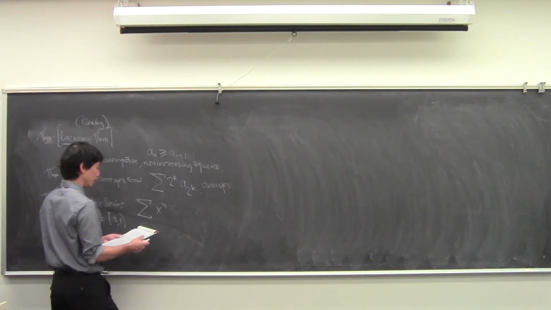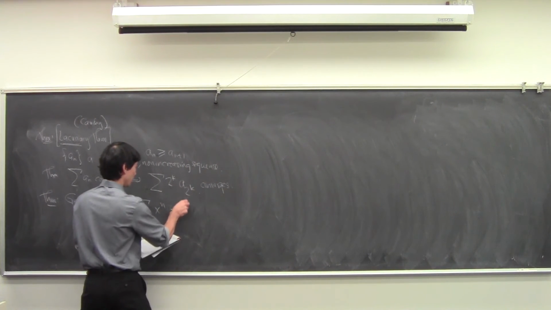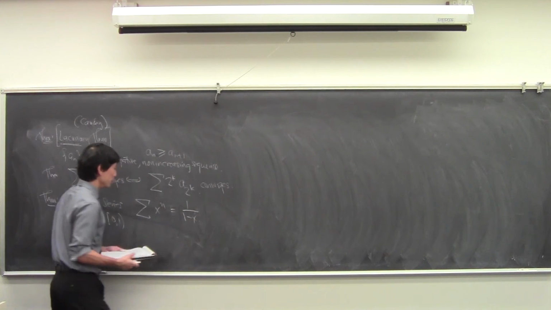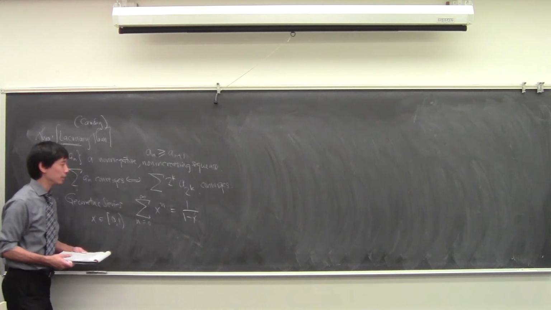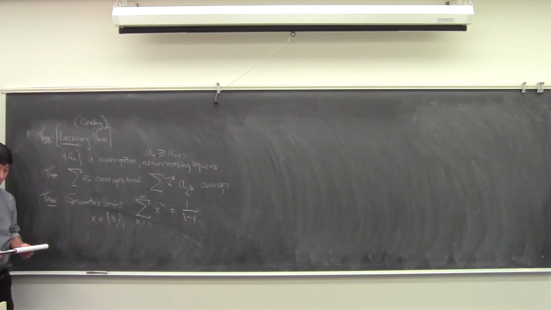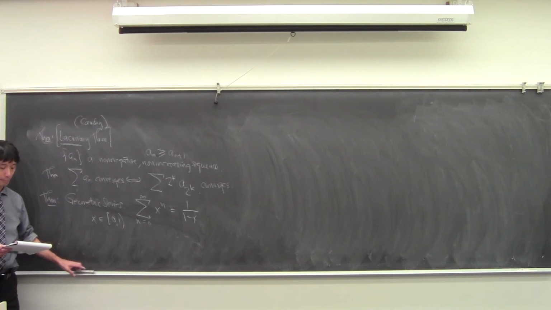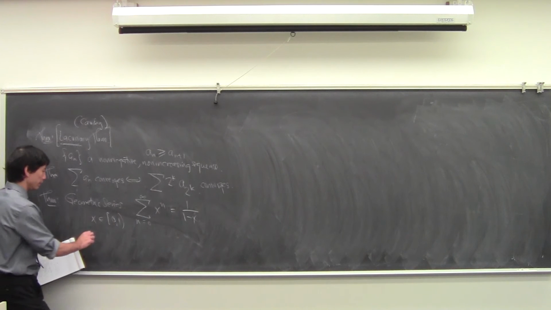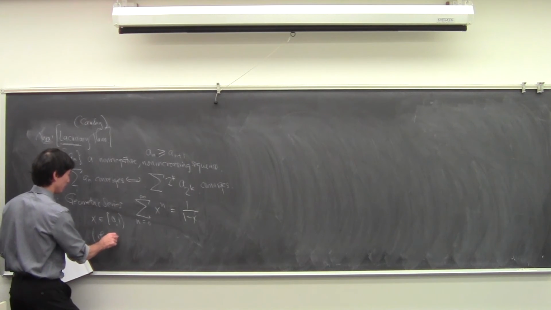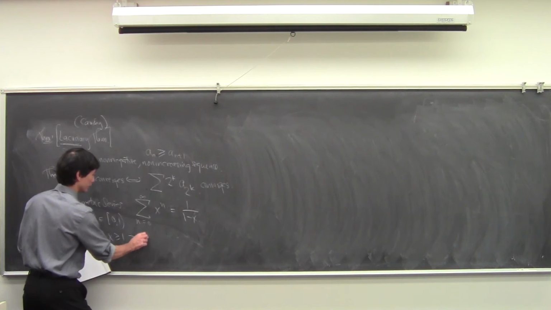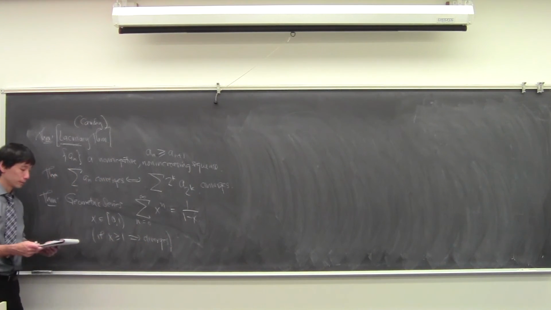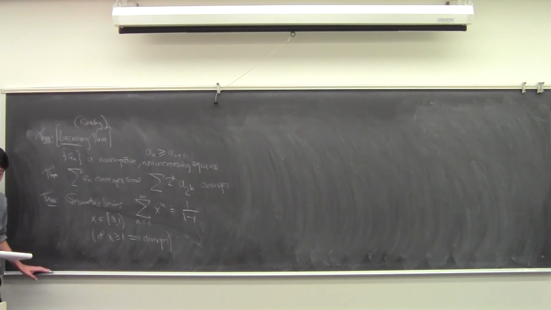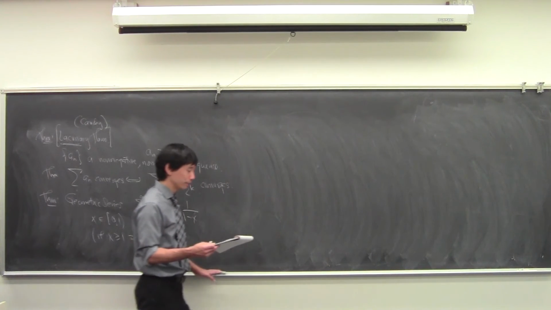If x is between 0 and 1, then the sum of x to the n from n equals 0 to infinity is 1 over 1 minus x. And of course, if x is bigger than or equal to 1, then it diverges. So I'm not going to prove that. You've all seen it before, I'm sure.